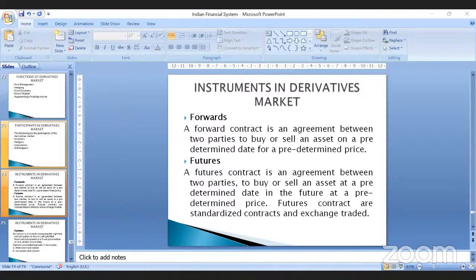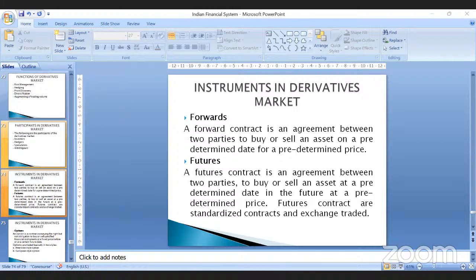Now, what happens with forward contracts is, one party is in a long position, which agrees to purchase an asset at a certain pre-specified future date at a predefined rate. And the other party of that contract is in a short position, which agrees to sell the same asset on the same predetermined date at the same predetermined rate.